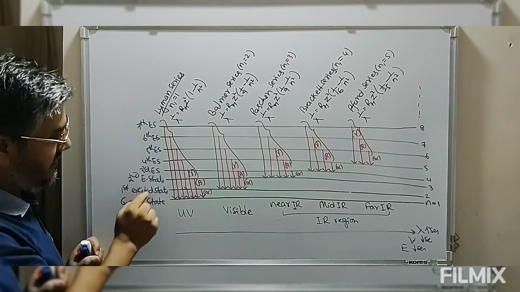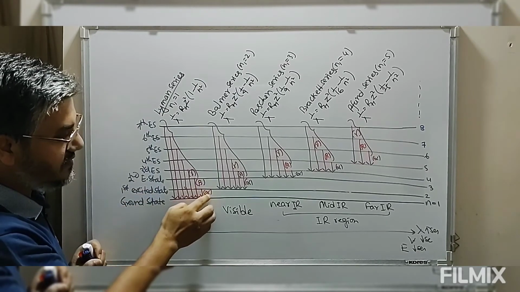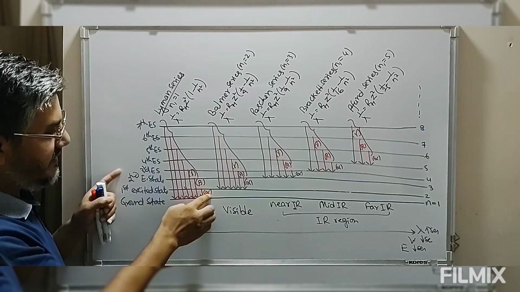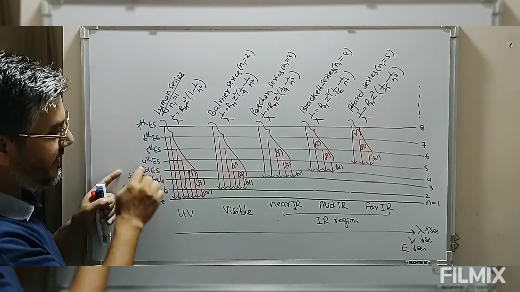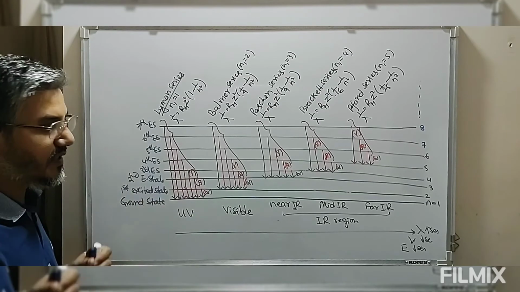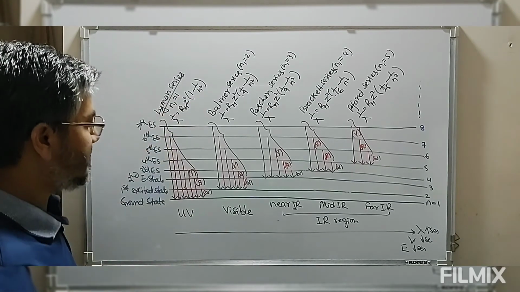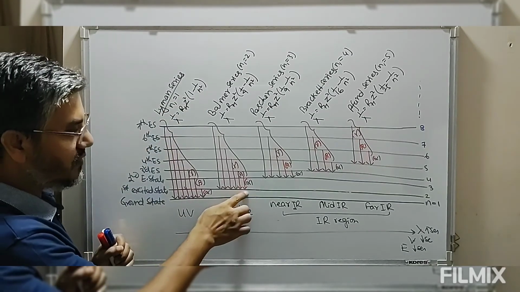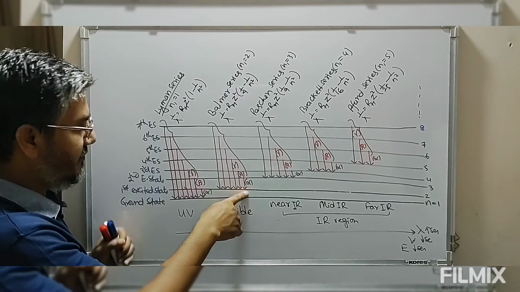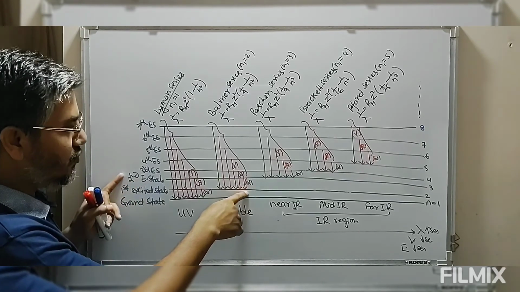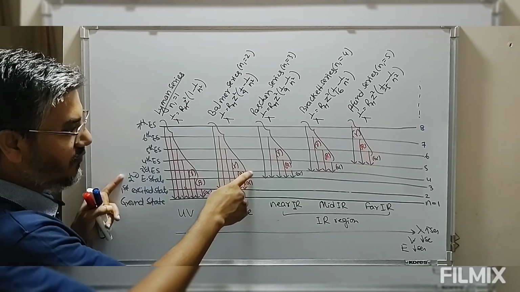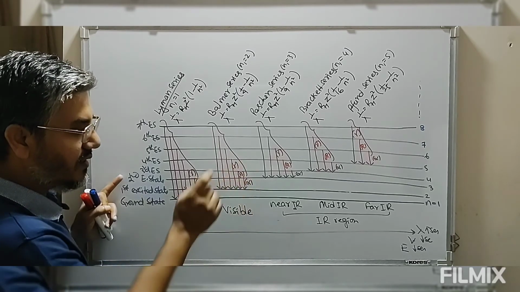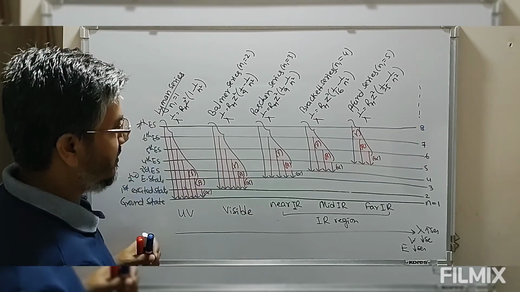Lyman series, the first excited state to the ground state, this is known as alpha line. Second excited state to the ground state, this is known as beta line. Third excited state to the ground state, this is known as gamma line. Similarly for this Balmer series, now look at this, electron is coming to the first excited state. So if electron is coming from 3 to 2, that is 3 to 2 transition, this is known as alpha, 4 to 2 beta, 5 to 2 gamma.